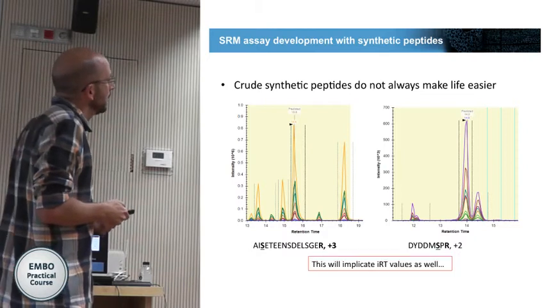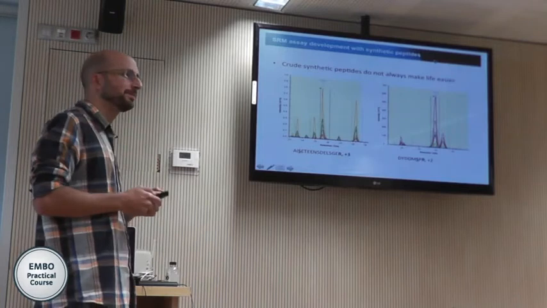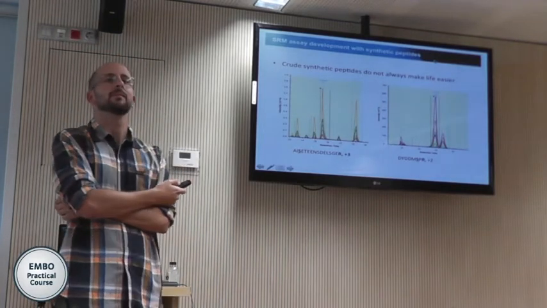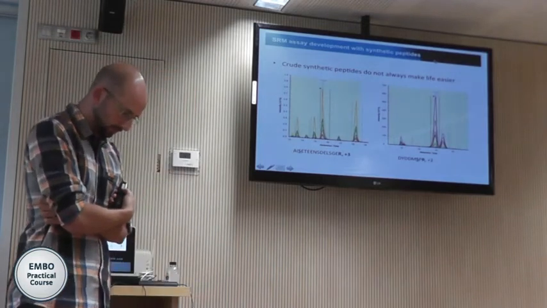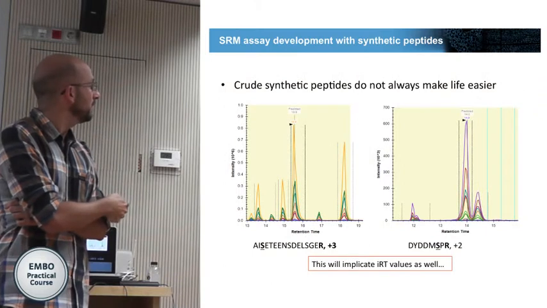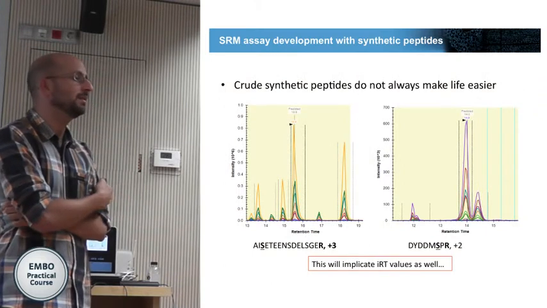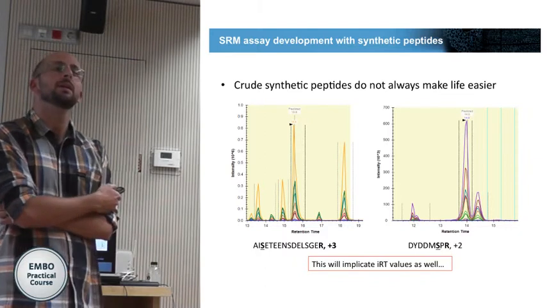Do you have any ideas? What can explain this? The crude peptide, what could it be? If this was a peptide lost to phosphorylation, then it would be in a different Q1 window, so it would not be targeted. Different phosphoform.